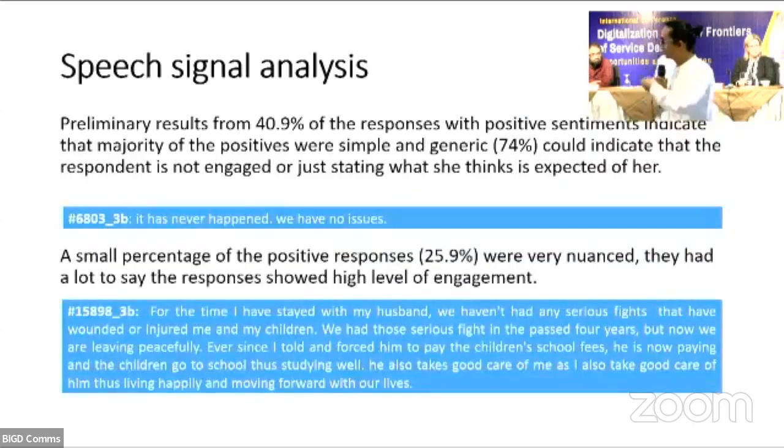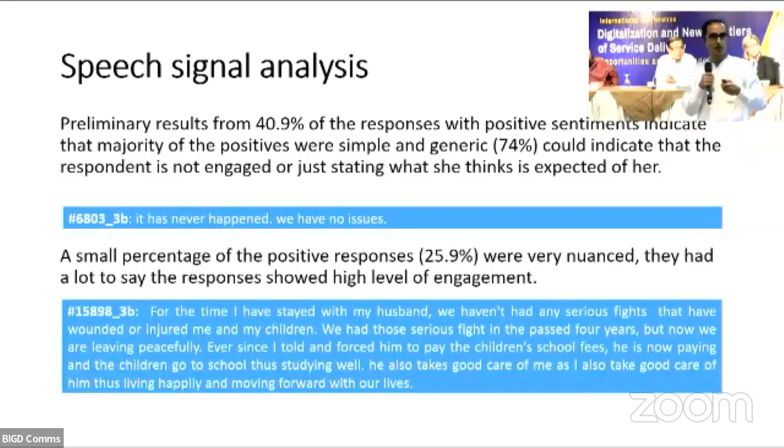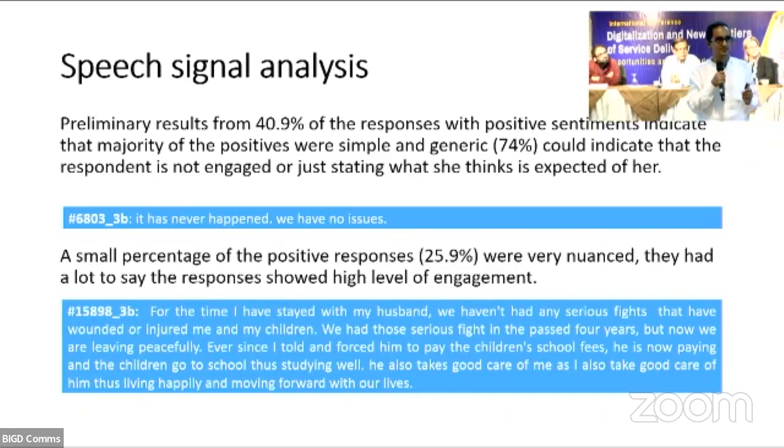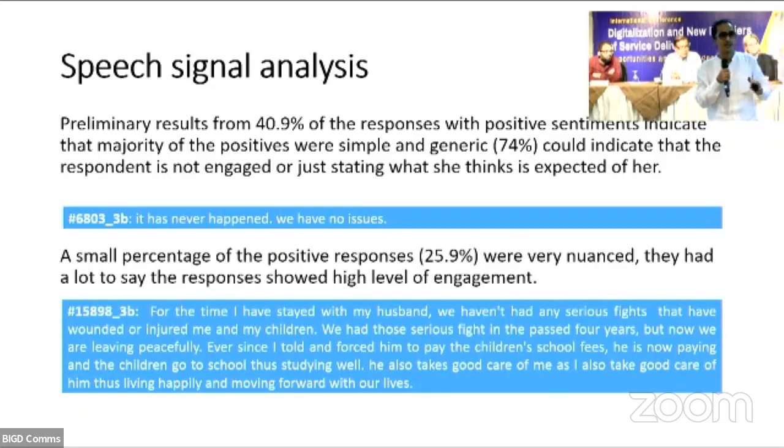The last slide, not to go over it, just to say the next step is going to be trying to use the speech signal that Darren explained. We're not there yet, but before going there, you can see the volume of text. Both responses, these blue colored, you don't need to read it, but you can see the responses vary in how long, so how engaging the conversations are, before we can do any speech signal analysis.